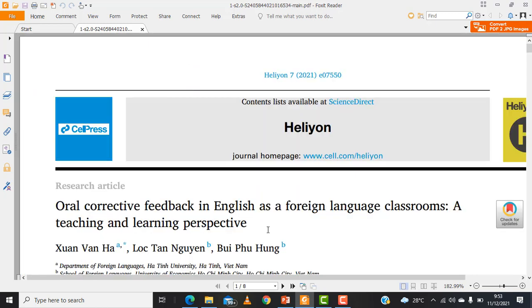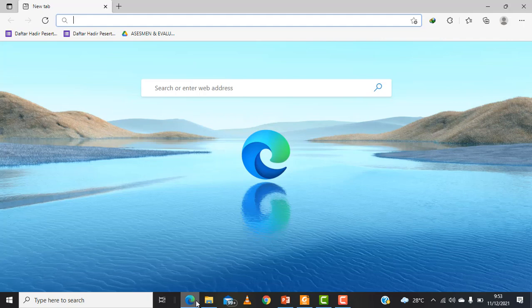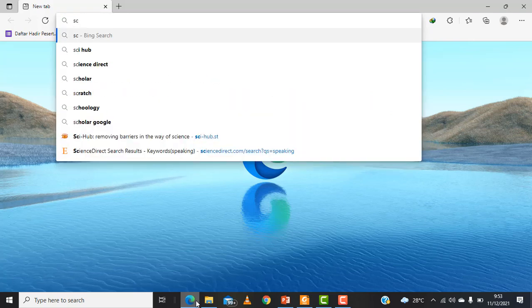Next, I'm going to show you how to find the article on a website or on the internet. First, there are several websites that you can use when you want to find a scientific article. The first one is Science Direct.